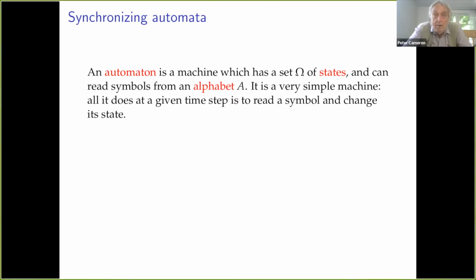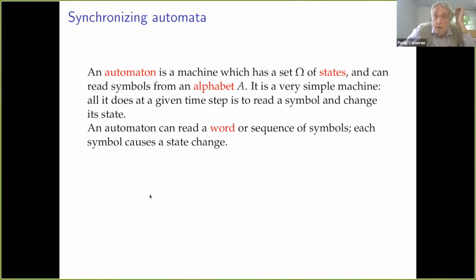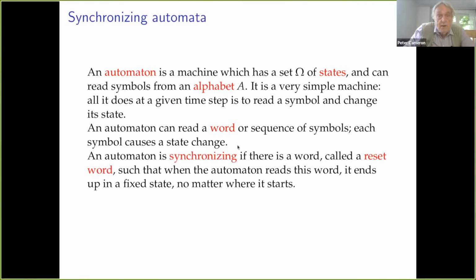I'll give you an example in a moment. So it reads a symbol and changes its state. And then, of course, it can read another symbol. You might feed it a string of symbols. It reads them one at a time, and after each one, it changes its state. So when it reads a word, each symbol causes a state change. So we get the composition of all the state changes.